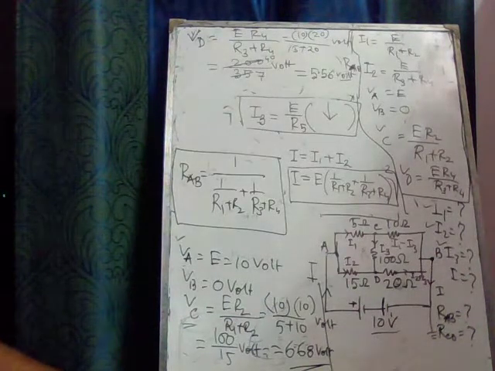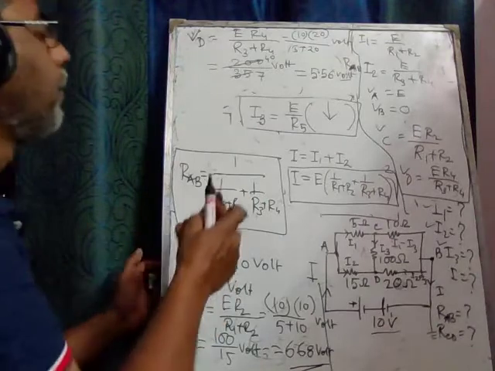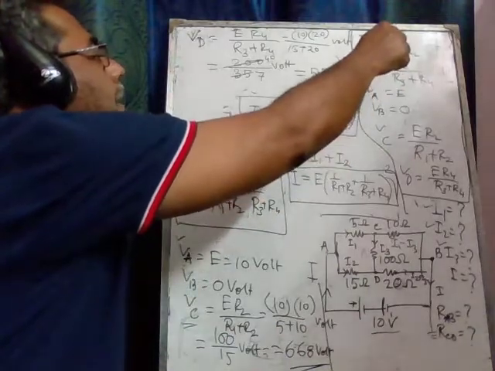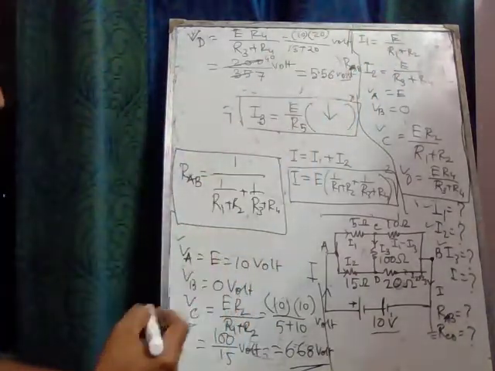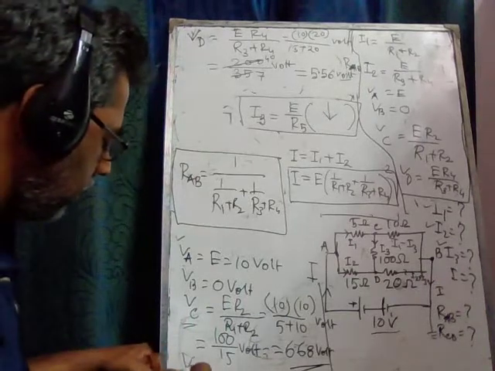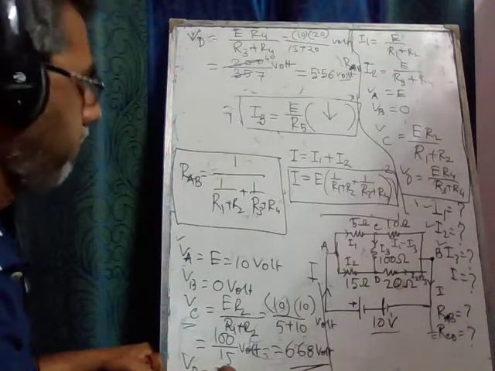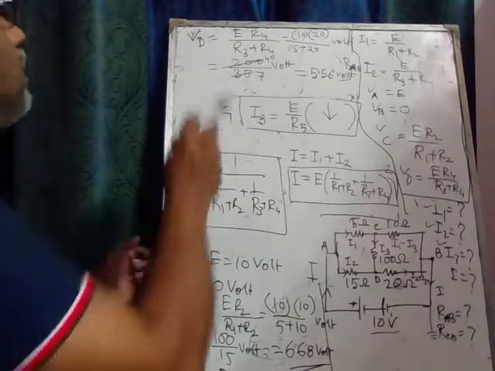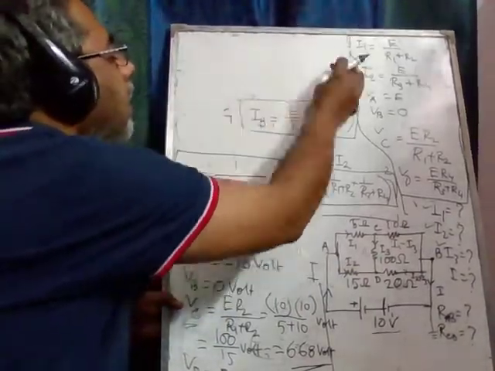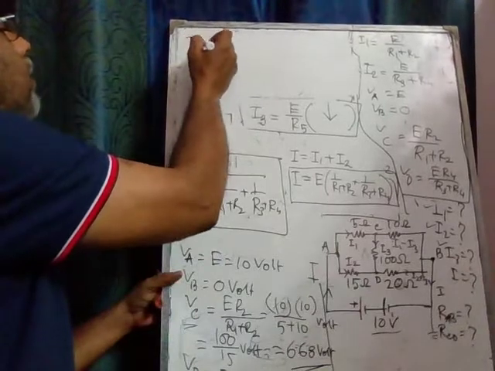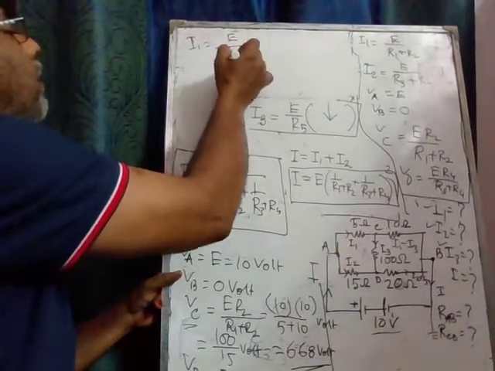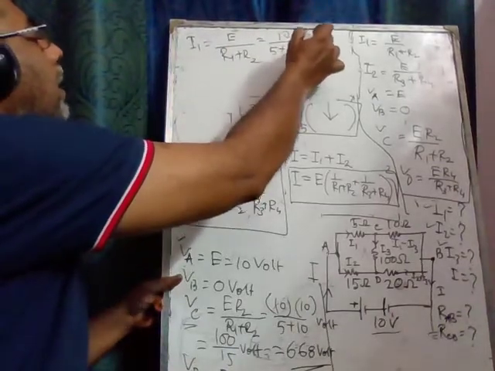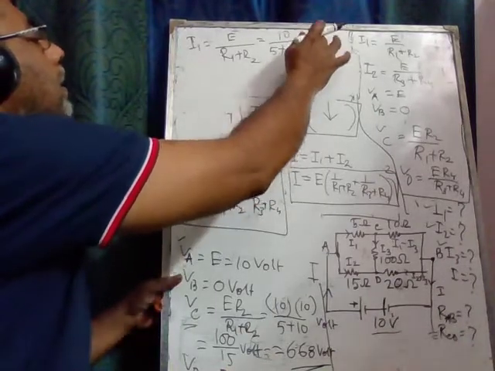So next we will calculate I1. What is I1? I1 can be calculated straight from here. So we got VD equal to 5.56 volt, right? So what is I1? I1 equals E over R1 plus R2, that is 10 over 5 plus 10 ampere.